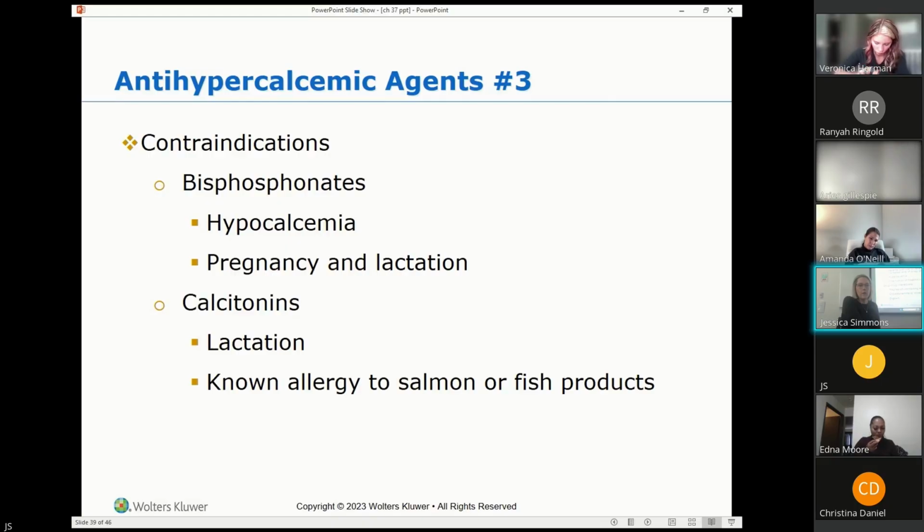For contraindications, it's on page 639. Alendronate, AKA Fosamax. The patient must remain upright for at least 30 minutes. These drugs should not be given to anyone who is unable to remain upright for 30 minutes after taking the drug because serious esophageal erosion can occur.